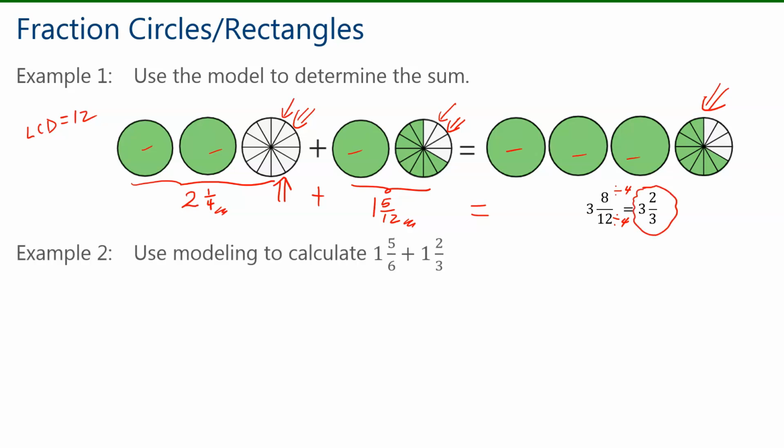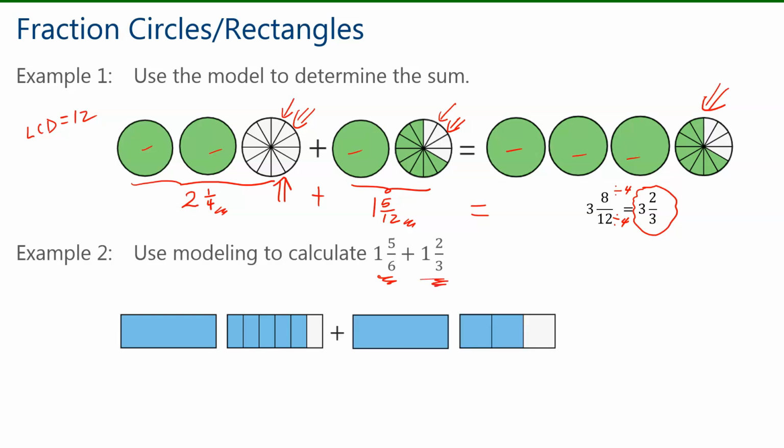In example 2, we're going to use modeling to actually calculate 1 5/6 plus 1 2/3. We're going to use some fraction rectangles this time. So for the 1 5/6, I'm going to put down one fully shaded rectangle and then 5/6 of another. For the 1 2/3, one fully shaded rectangle and 2/3 of another.